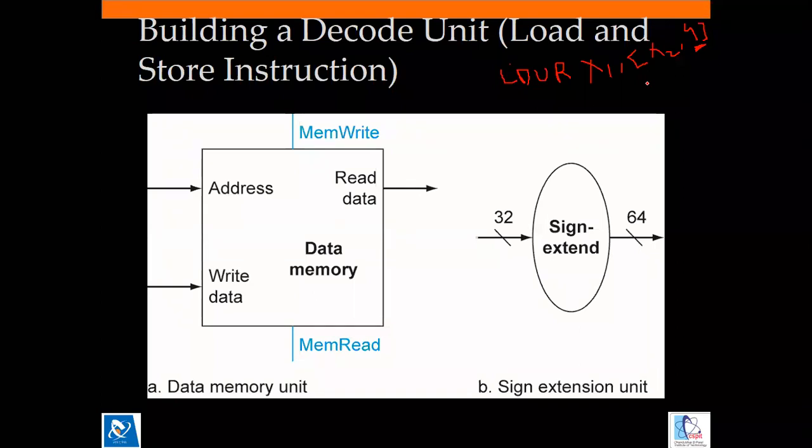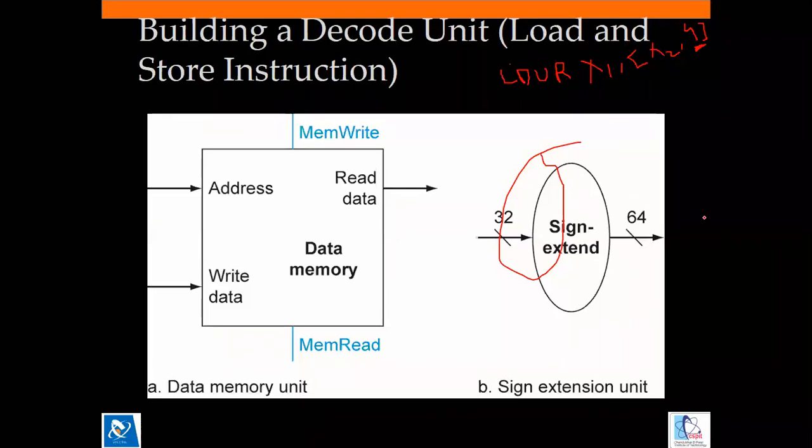In the case of zero extended value, the value would always remain positive, whereas in the case of sign extended value, the value remains whatever it is and the sign is preserved. This particular hardware is required for the load and store instructions, as well as for the add immediate instruction, if you recall.